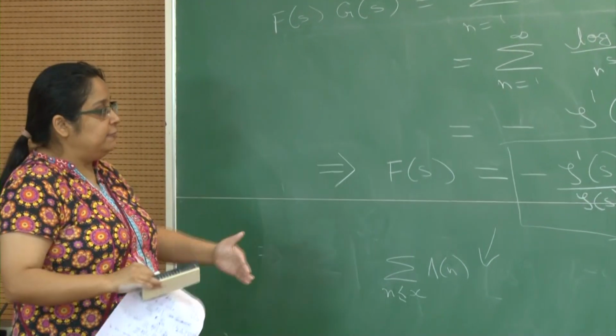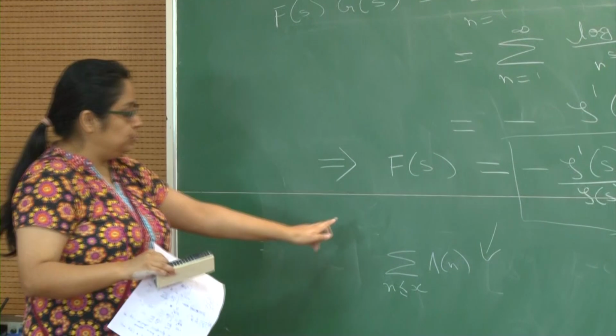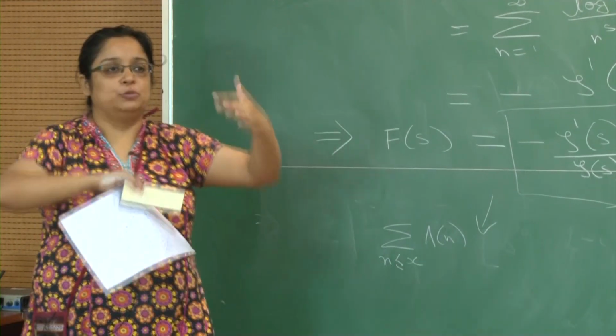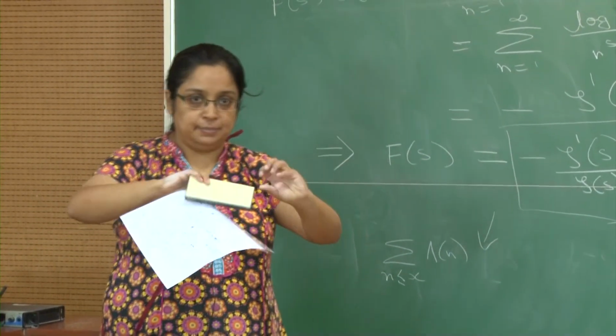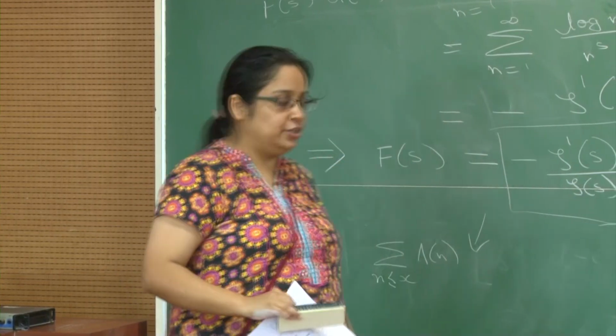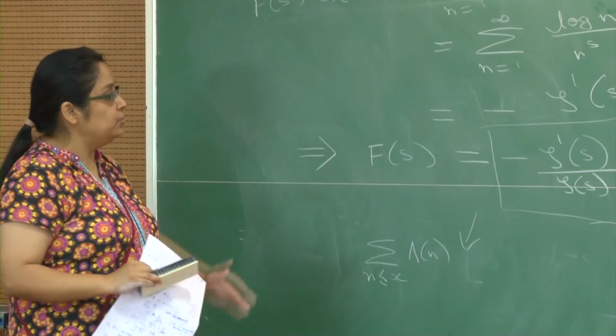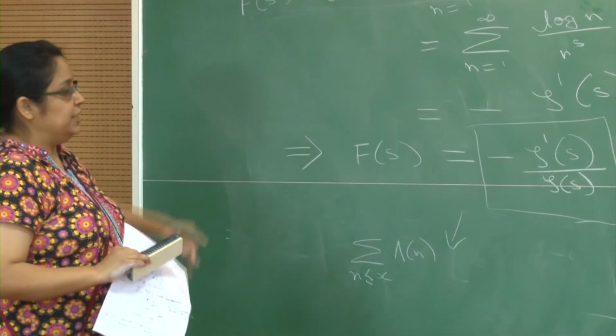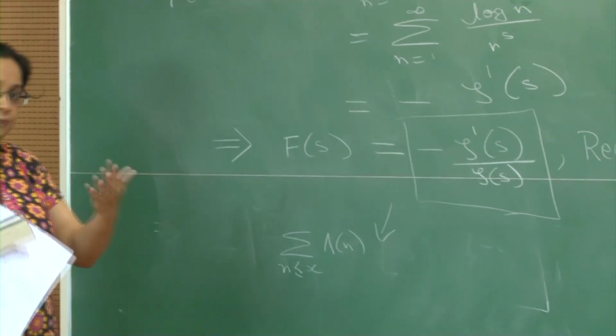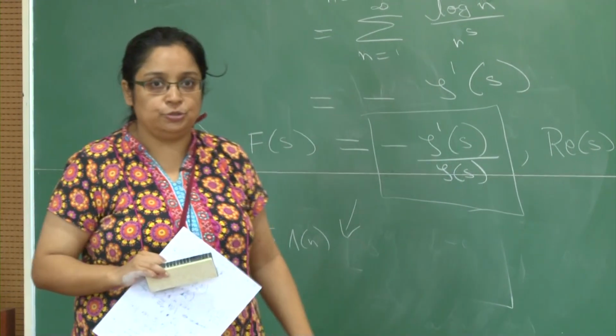But as we proceed further, the techniques that we use to study these sums are a combination of both these techniques. These are just the foundation, but whatever we do will now have a combination of both of these, including the proof of the Erdős-Kac theorem, which we have to do.